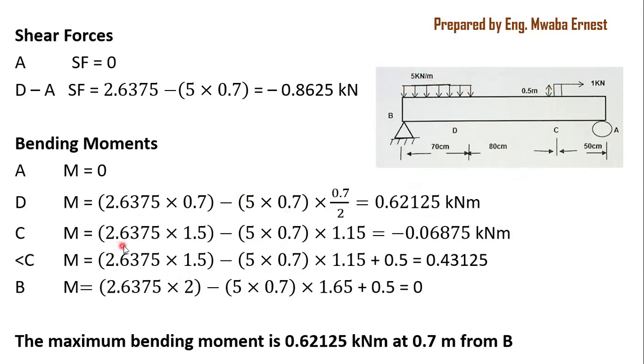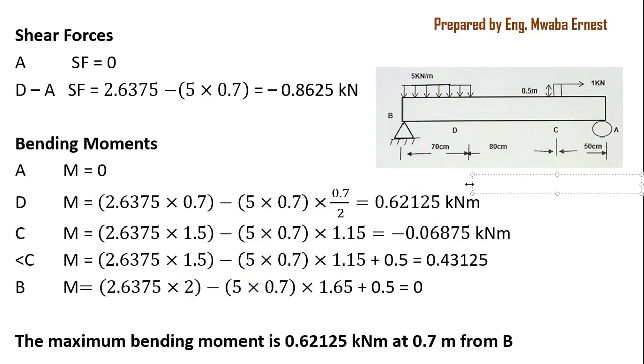First, we'll have 2.6375 times the distance from here up to there, which is simply 0.7 plus 0.8, giving us 1.5. Then when it comes to the UDL, we're going to say half, this is always going to act at the center. So half of 0.7 is 0.35. And hence we end up with something like this.